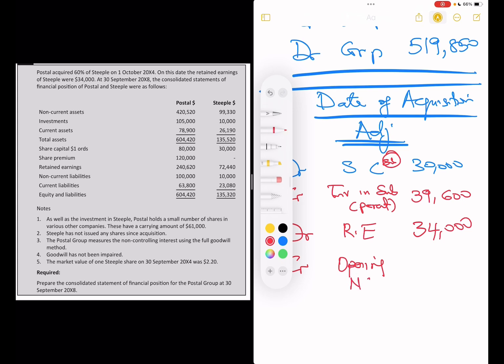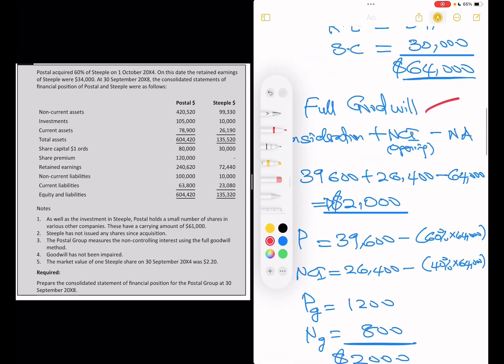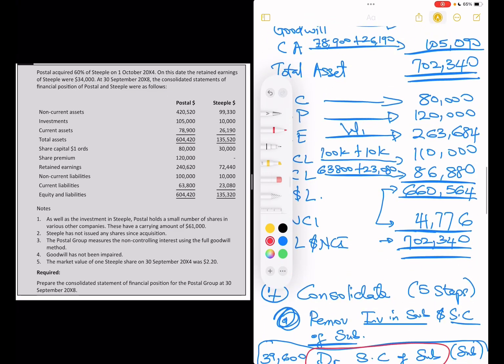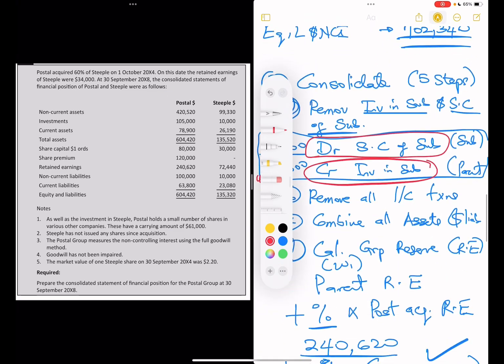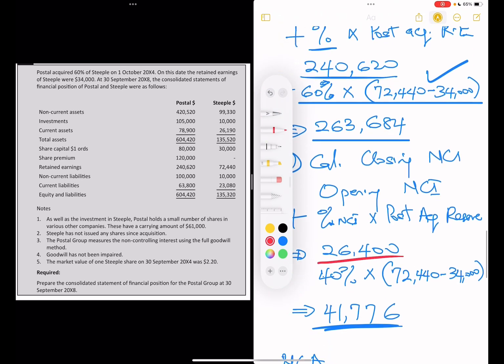So we have opening NCI, and we calculated our opening NCI to be, I think we got 20 something then. Let me just check. I think we got 26,400 for opening NCI. Where's our closing NCI? Yeah, put it there again. Yes, 26,400.